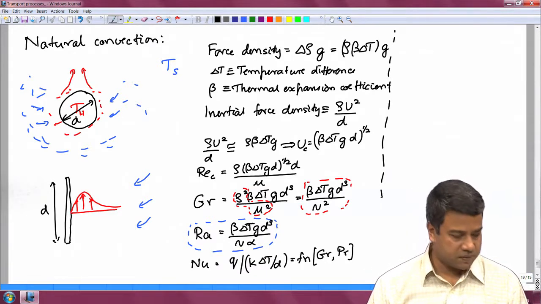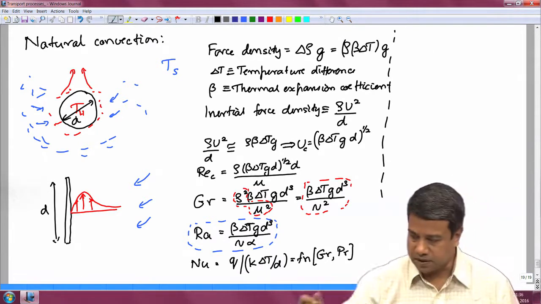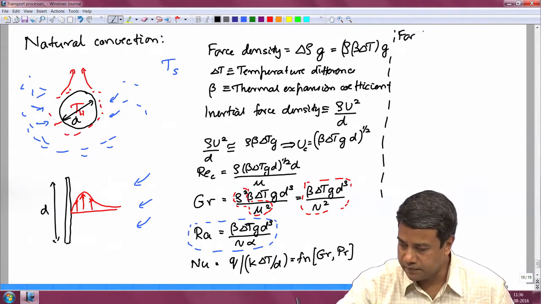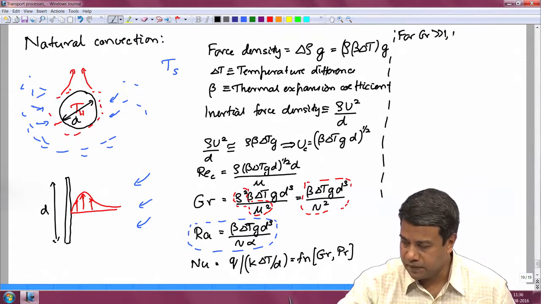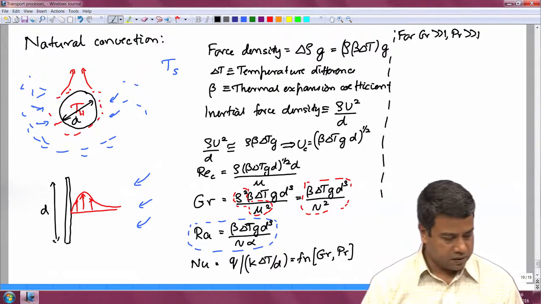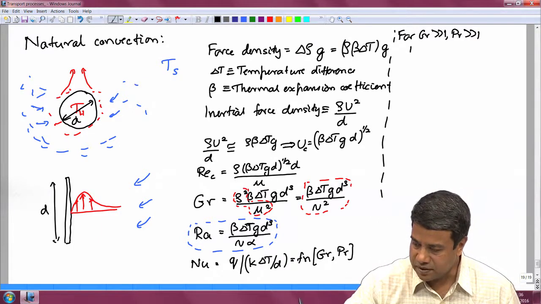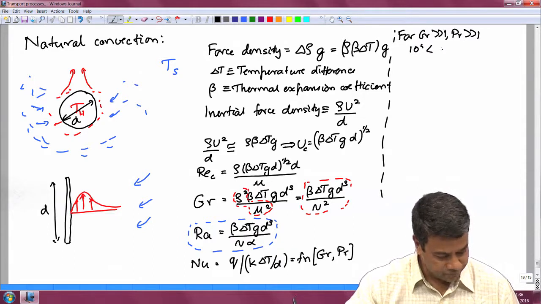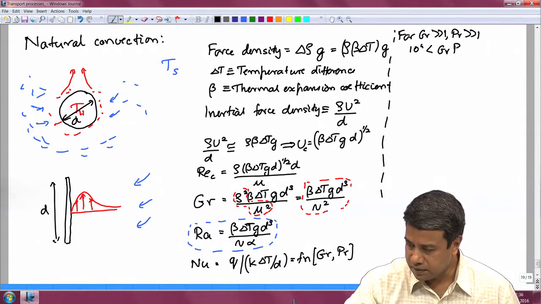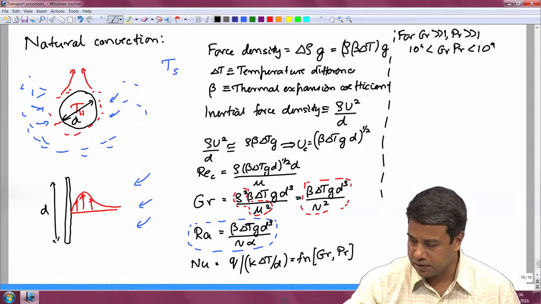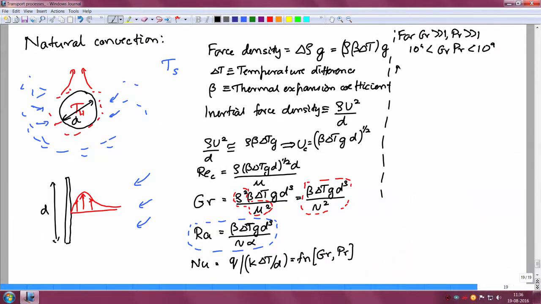For example, for Grashof number and Prandtl number large, typically the range is given as 10 power 4 less than Grashof times Prandtl less than 10 power 9, the Nusselt number correlation is of the form Grashof number power 1/4, Prandtl number power 1/4.